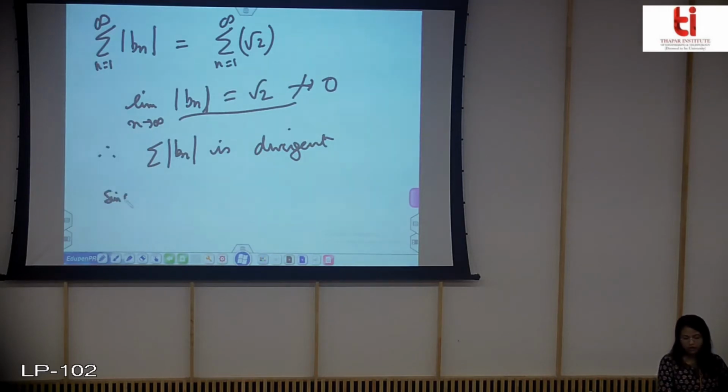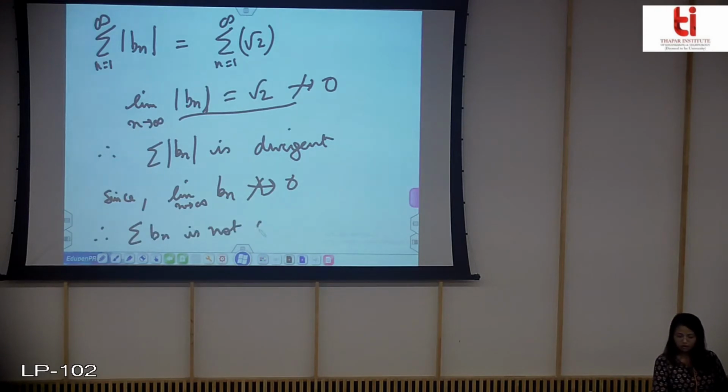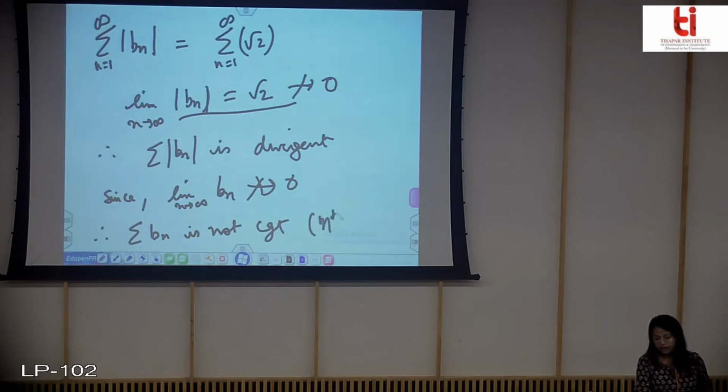you can also write that since the limit of n tending to infinity of Bn is also not equal to 0, therefore summation of Bn is not convergent by the nth term test for divergence.